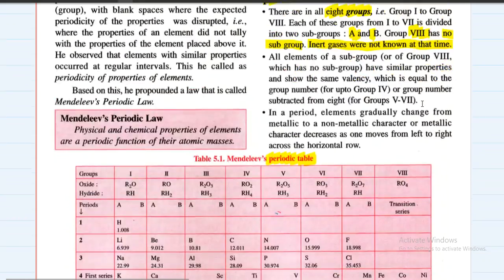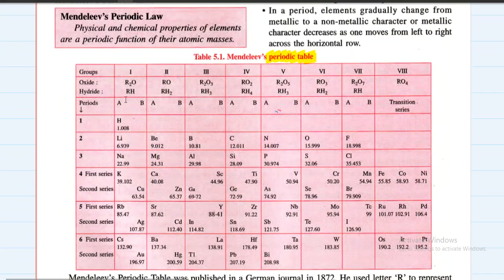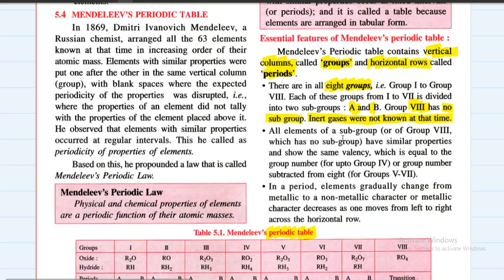All elements of a subgroup, or of group 8 which has no subgroup, have similar properties. So these groups you see over here, 1, 2, 3, subdivided into 2 parts, they all have similar properties.